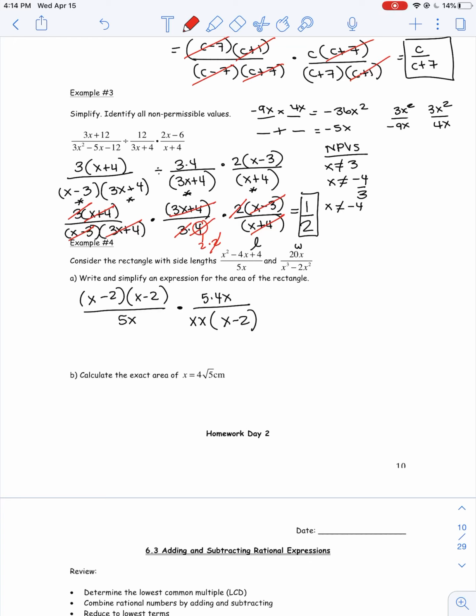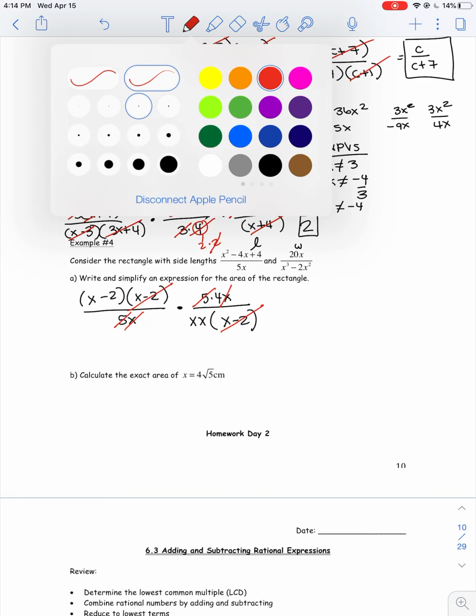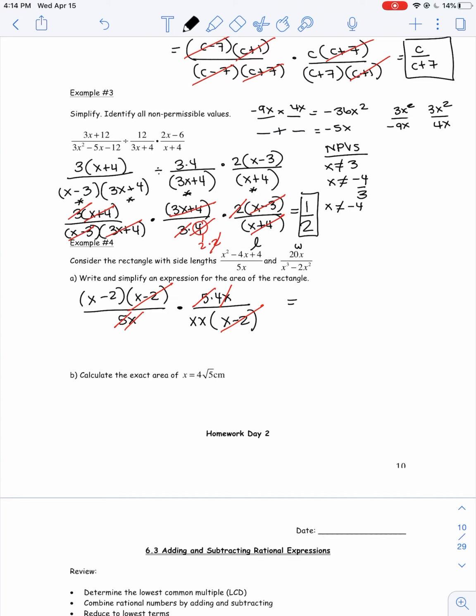It doesn't ask us for the non-permissible value, so I can ignore that for now, but we want to take off the x minus 2, the 5 and the x, and the 5 and the x, and that looks like it's it.